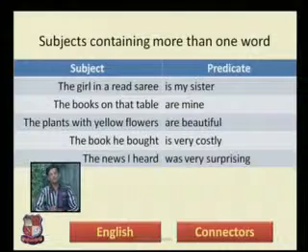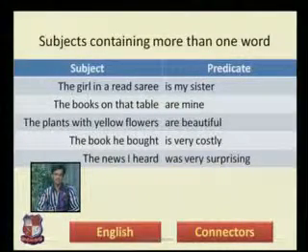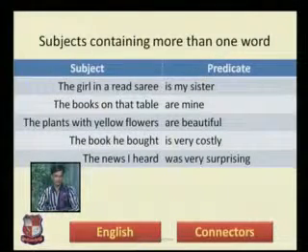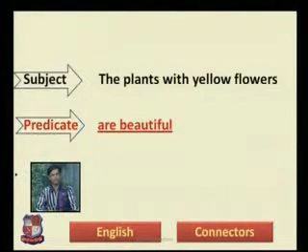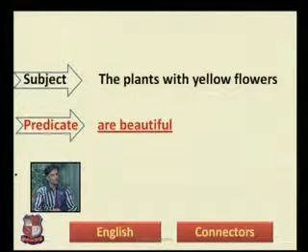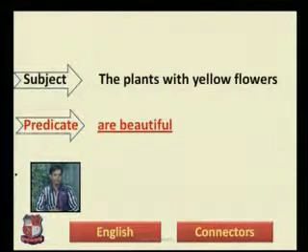So in these sentences we saw that the number of words in the subject component is more than the earlier ones. Let us move on with the next slide. As you can see, the plants with yellow flowers becomes the subject of the sentence and the predicate is are beautiful. It means it is a simple sentence.